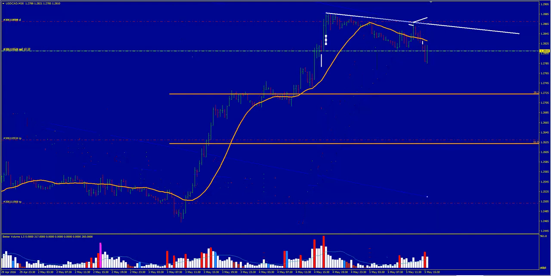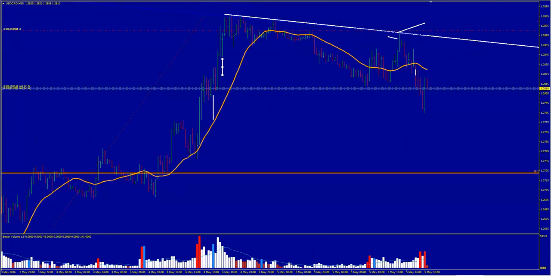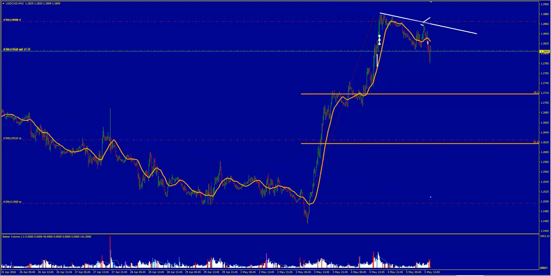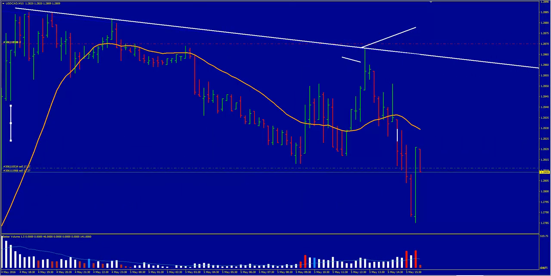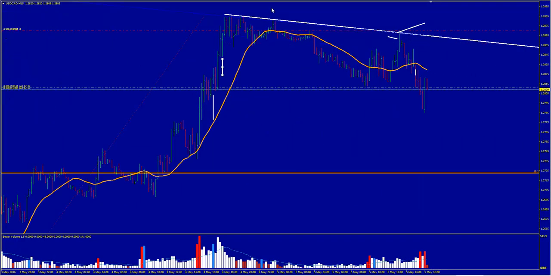Okay, so this is for now my positioning, and again I have a plan if the price goes in the other direction, and I like setups where I build a scenario for if the price goes opposite.